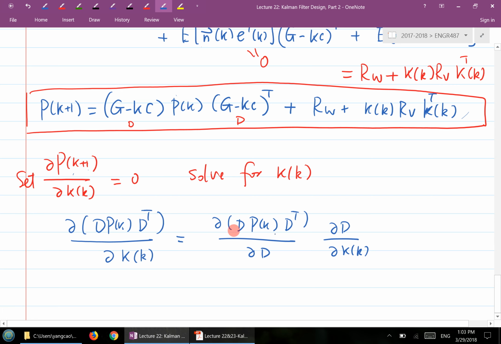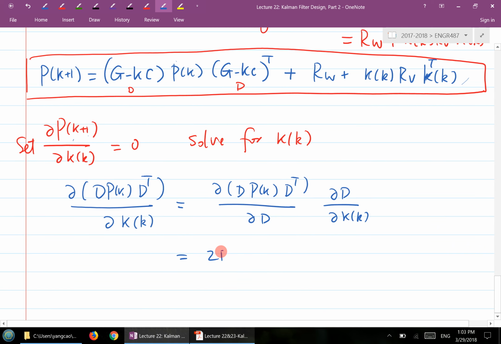This is typical matrix calculus, like one half m v squared, taking the derivative with respect to v, but in matrix format. So the first one gives us 2D times P of k, because P of k is a symmetric matrix.